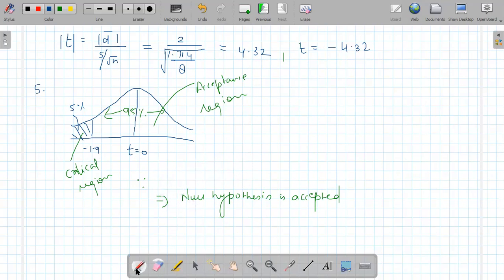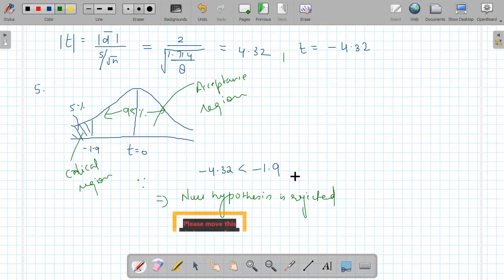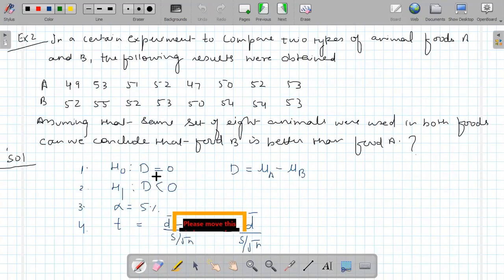Let me correct my statement. Minus 4.32 is less than minus 1.9, so the null hypothesis is rejected. That minus 4.32 will come here in the critical region. Null hypothesis rejected means food B is superior to food A.